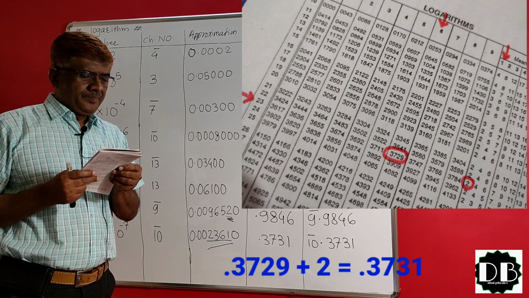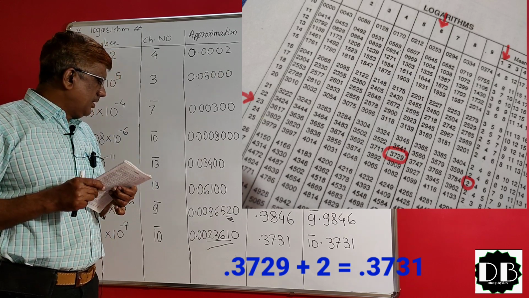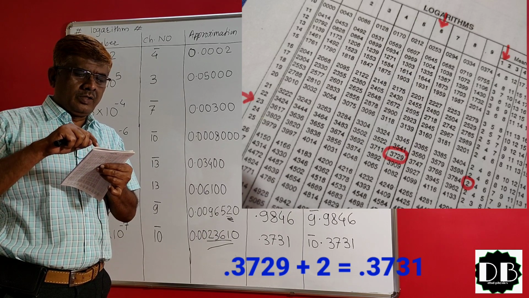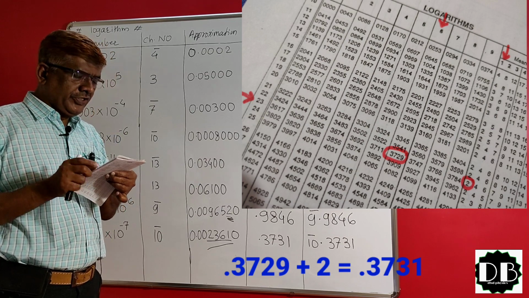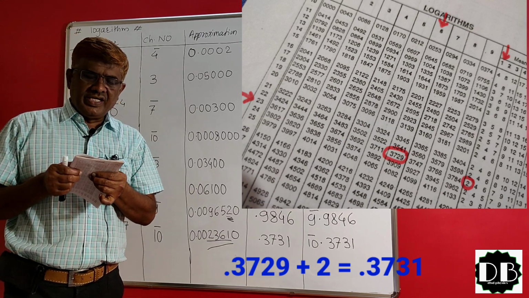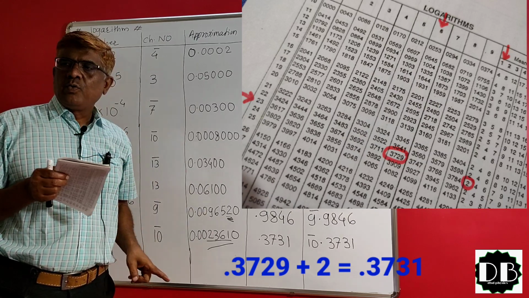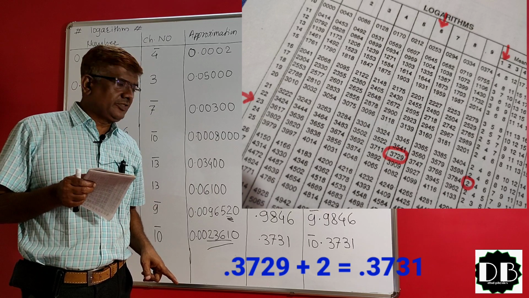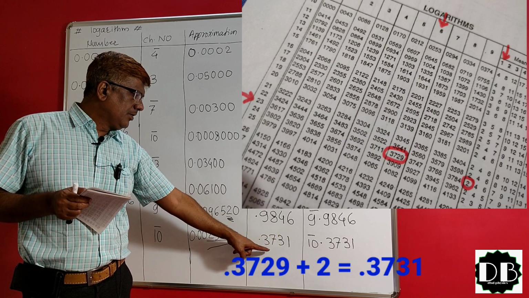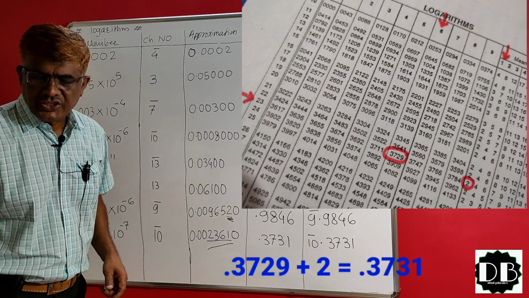Search first 23 and the column 6, which gives 3729. Then in the mean difference, the column of 1 and the row of 23 meet each other at 2. That means in the column of 1 there is the number 2, add it in: 29 plus 2 is 31. We have the number 3731.